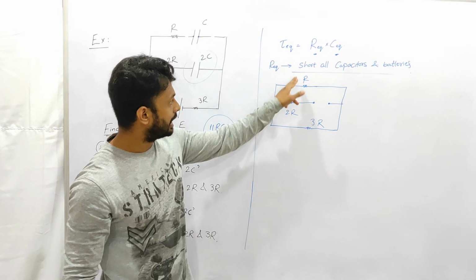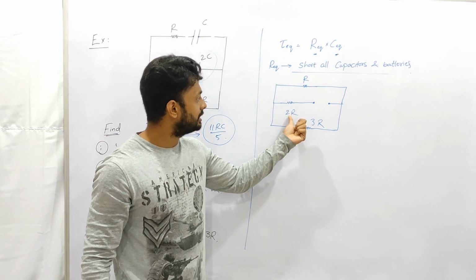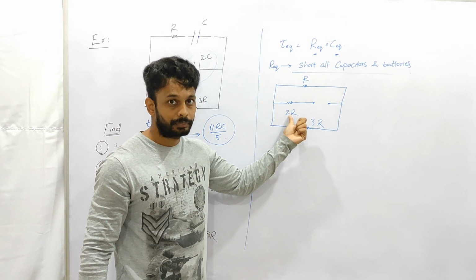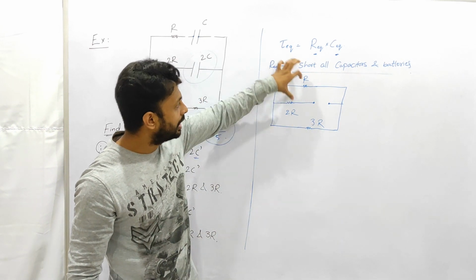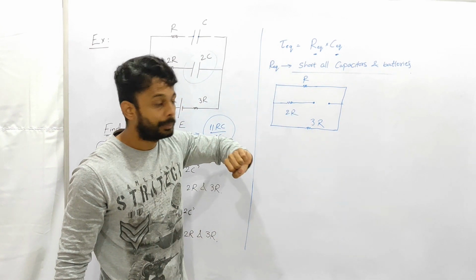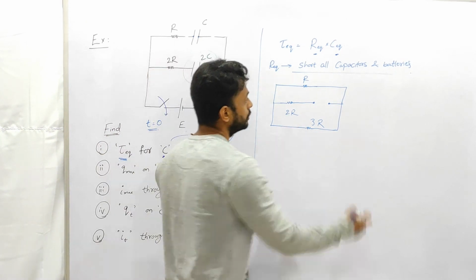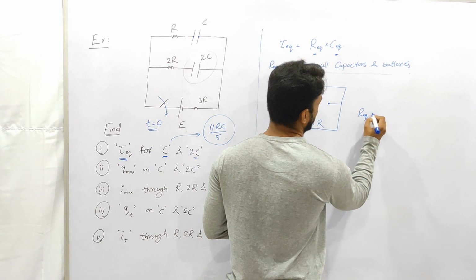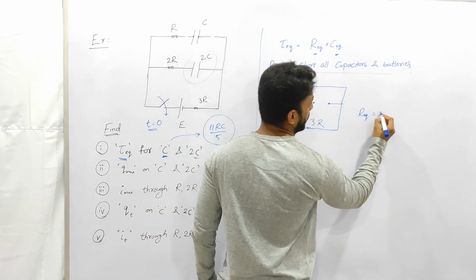Check it out. Here R and 3R are both in parallel, and the result is in series with 2R. So 3R and R in parallel, I'll get 3R by 4, and that is in series with 2R. So here the R equivalent comes out to be 3R by 4 plus 2R.